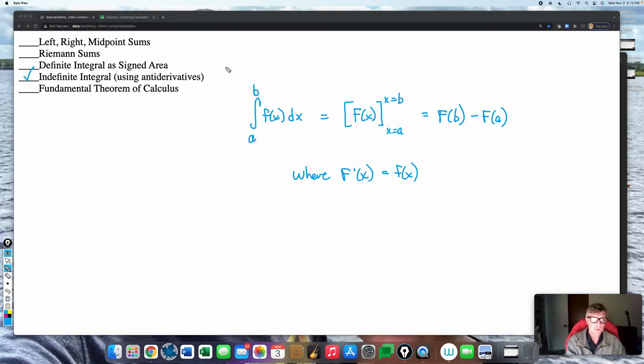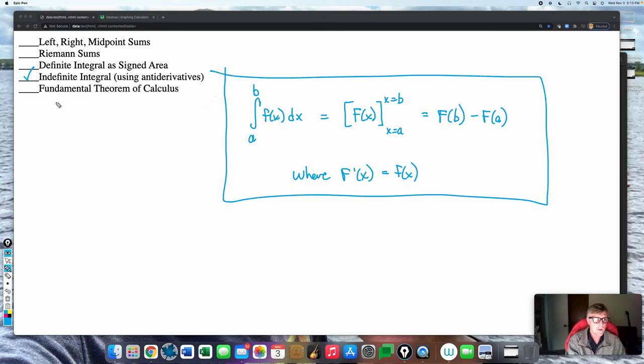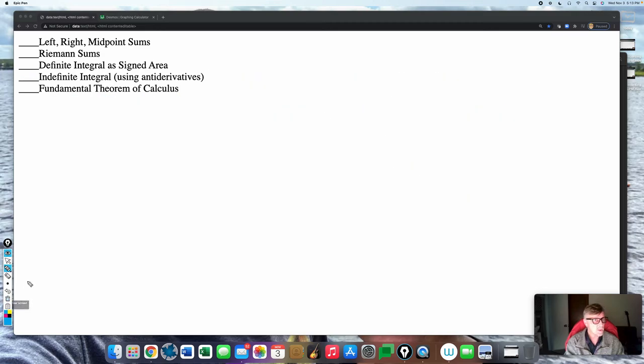So definitely write this down. This is the fundamental theorem of calculus, and it is super important. It is something that we are going to use quite frequently throughout the remainder of Calculus 1 and oftentimes into Calculus 2 and 3. So go back to where that was in the video a few seconds ago if you need to write it down.